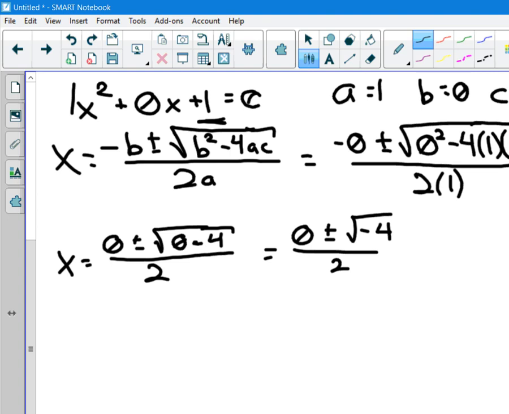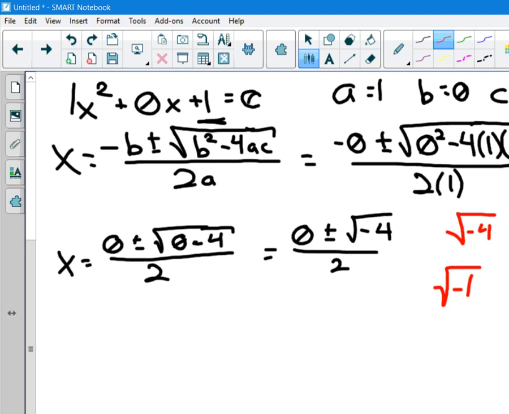And I'm going to work this little part as kind of a side note. What I'm writing in red is how I'm going to make the jump to the next step, which is negative 4 is the same as negative 1 times 4. We've looked at this technique previously. The square root of a product is the same as the product of the square roots.